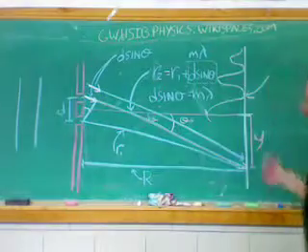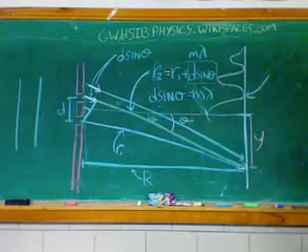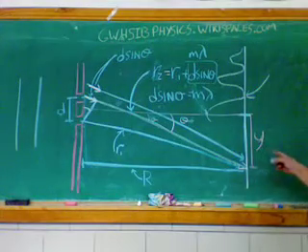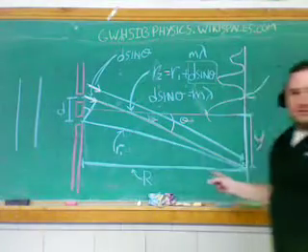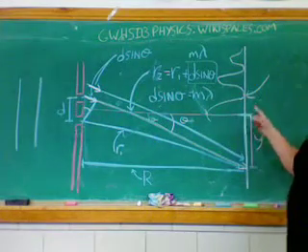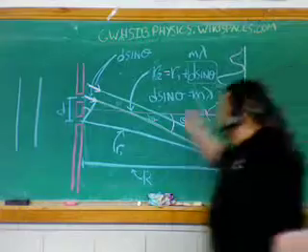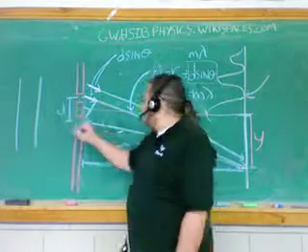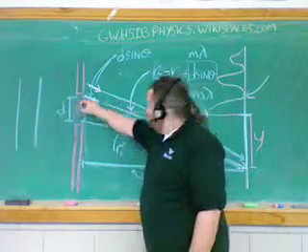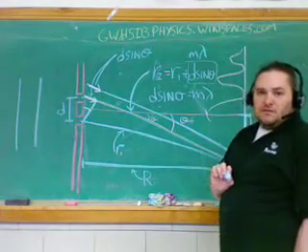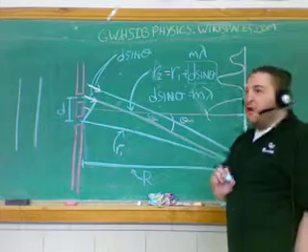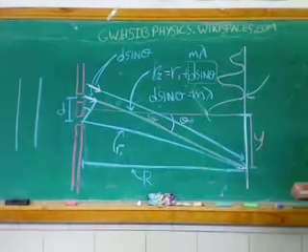So that distance y, and this distance r, is going to create an angle from this line to there that's equal to theta.